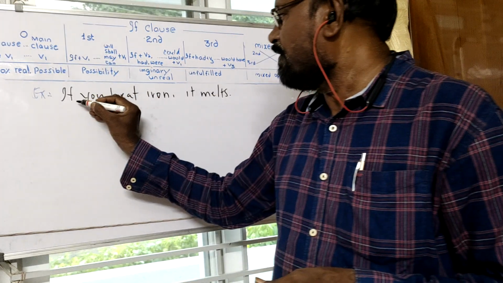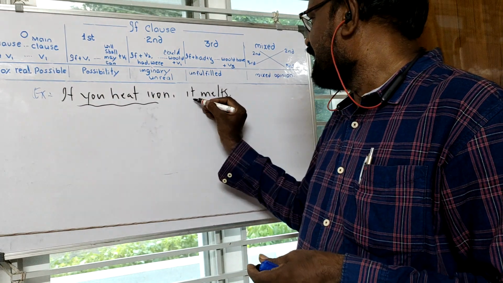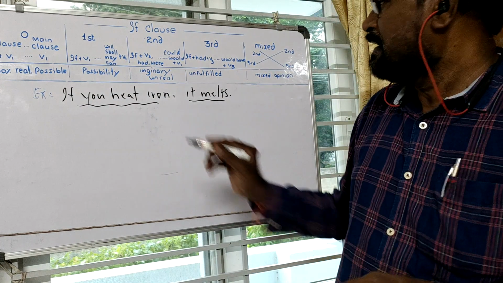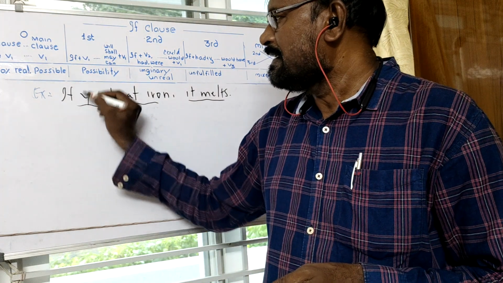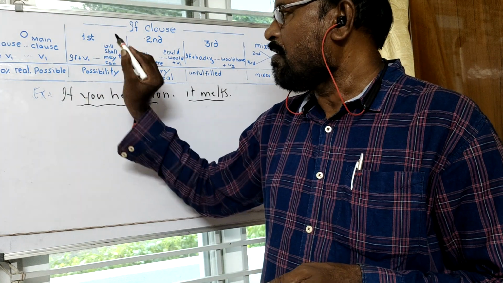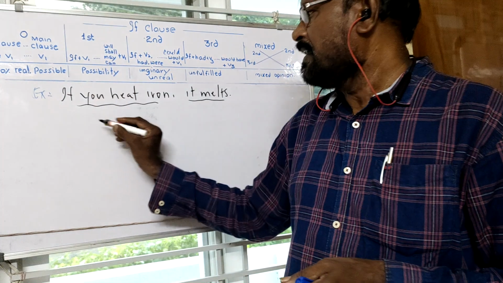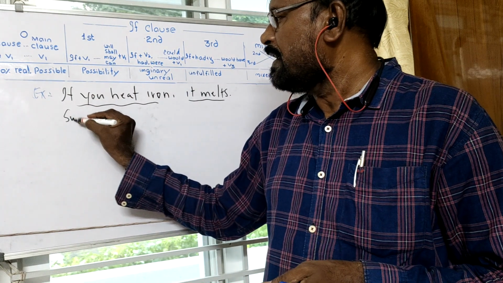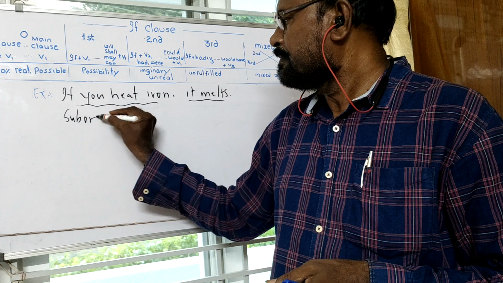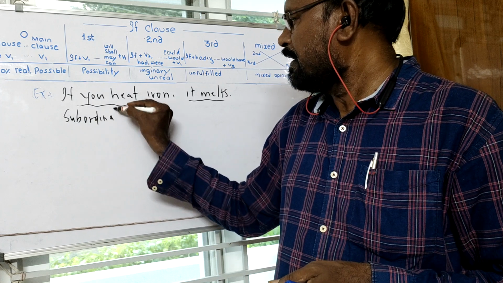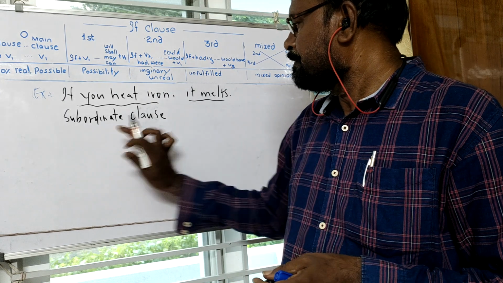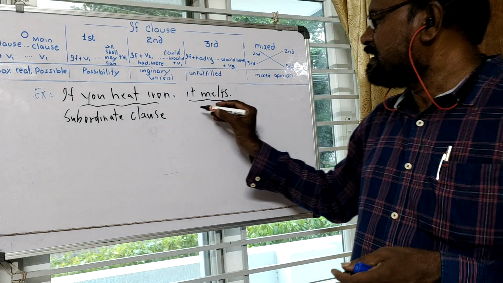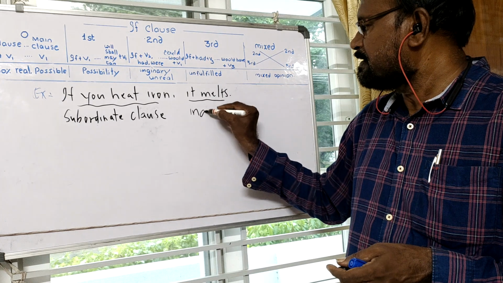This is one part and this is the second part. Here this is the subordinate clause because it contains the subordinate conjunction if. It is a subordinate clause. And this is a main clause.